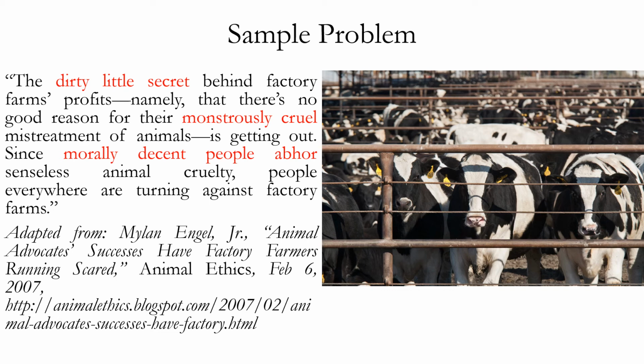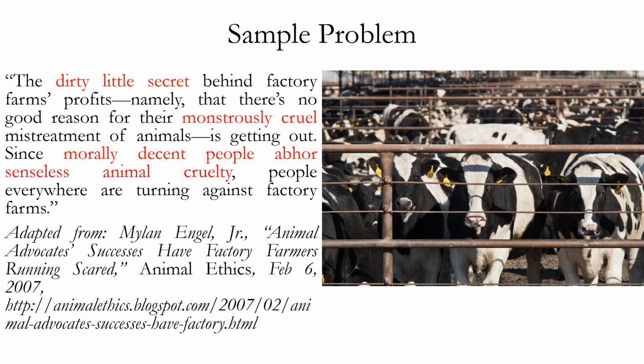We'll talk about this in the series of videos on fallacies, but it's trying to get you to identify not just with all people, the majority, but the morally best people, the morally decent ones. Most people want to think of themselves as decent, and so we want to identify with other morally decent people. Notice though, it's just triggering that need to belong and identify without giving a substantive moral reason.